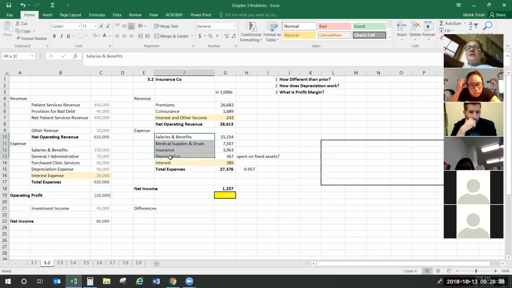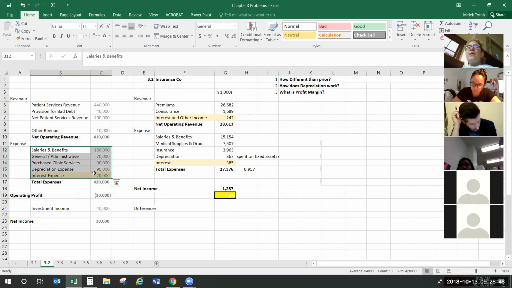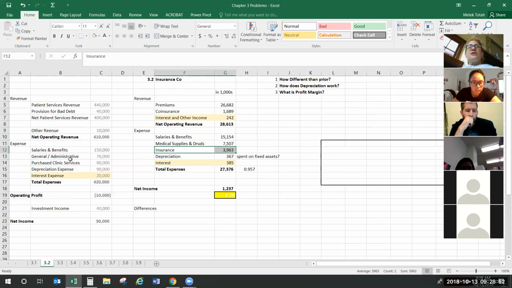There may be some differences in what shows up in the expense, right? So there's this insurance line, that's something different. We don't see that over here, although it's very possible that this type of expense does occur in this, and maybe it's just sitting in the general and administrative. So again, it just depends on how companies classify their expenses.